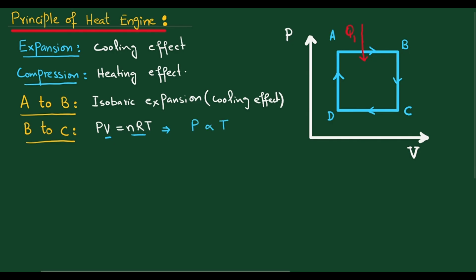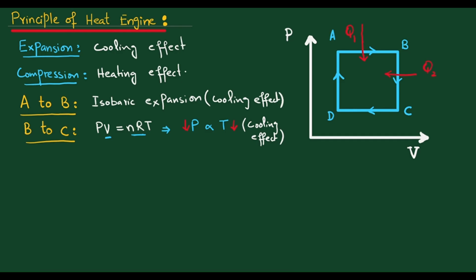As we lower the pressure, the temperature will also lower. That means it is also a cooling effect, and due to this cooling effect, heat can enter the system, and let's say this time the Q2 heat can enter the system.